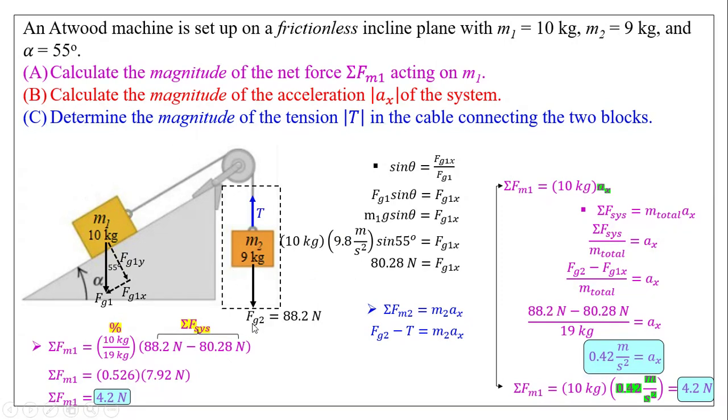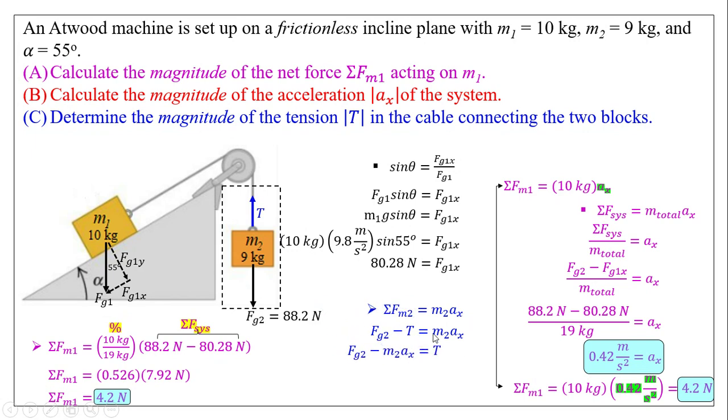Therefore, I'm going to take Fg2, which is causing the system to accelerate to the right, minus what's opposing it, which is T. Again, this tension is attached to this cable, and this cable has weight to the left side, which I like to call dead weight. It acts against you, so it can only slow the system down. In this case, slowing something down suggests that you're subtracting. So therefore, we do Fg2 minus T, which equals m2a.